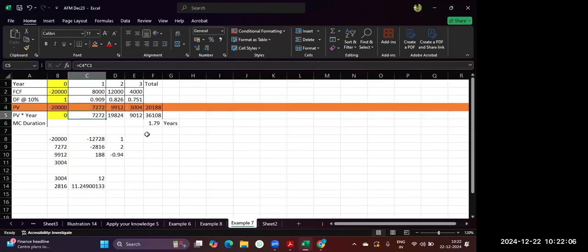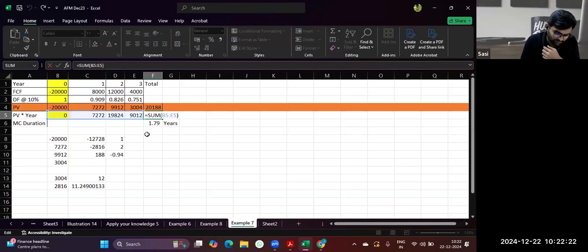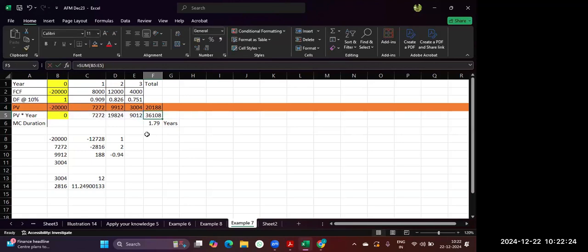Now, present value into year, you only take it for the returns phase. So the first year will be multiplied by 1, second year multiplied by 2, third year multiplied by 3. Correct? Yes, sir. And you have a total of 3,608. Clear?